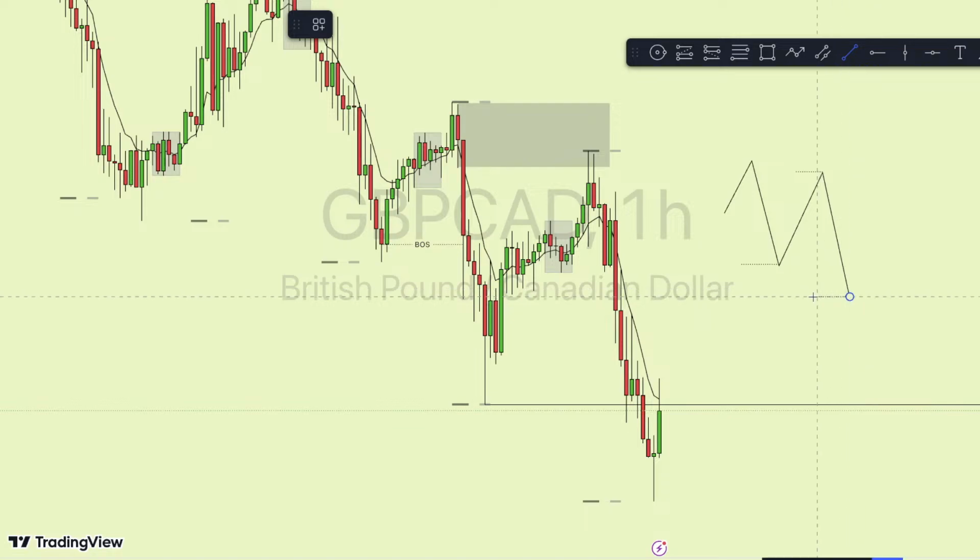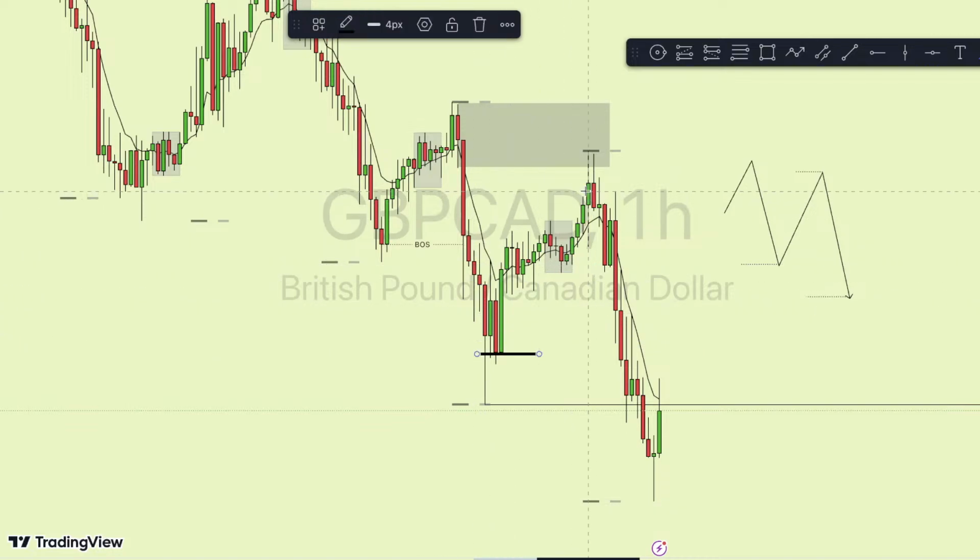lower low. So what did I already tell you to do? Connect the dots. This is the low. This is the high. Connect the dots. We know bearish market structure is lower low, lower high, so what comes after a lower high in bearish structure? Lower low.